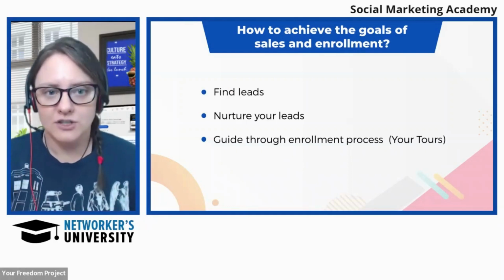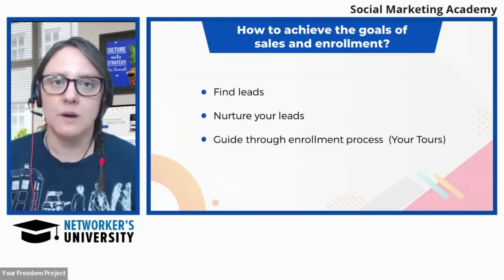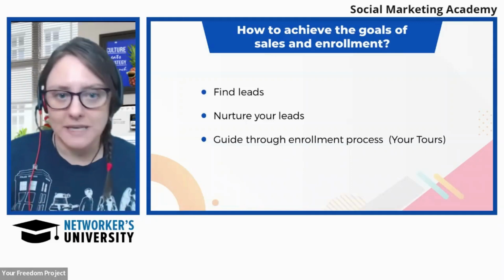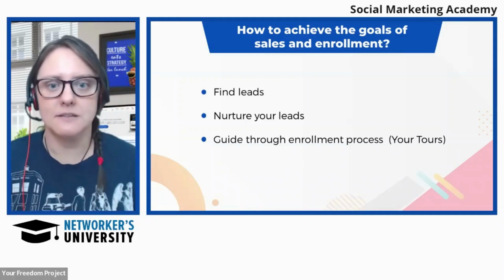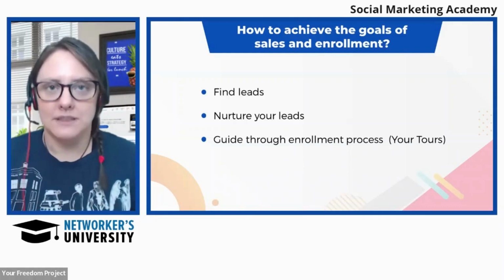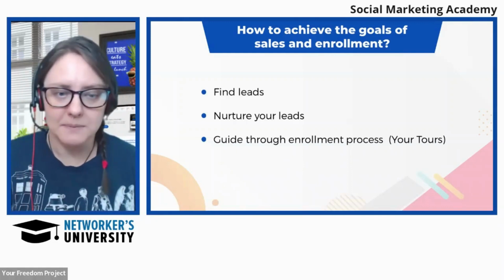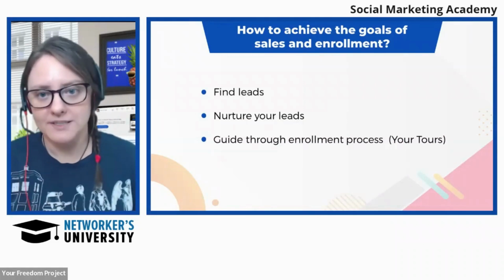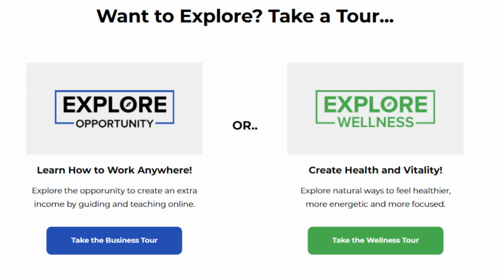And then we want to nurture those leads through messaging, through interacting on their social content, even inviting them into your weekly emails so they're in your ecosystem, and deepening that relationship with those people. And then ultimately is guiding your interested leads through your enrollment process, which are your EO, or Explore Opportunity, and EW, Explore Wellness tours. That's really where it goes.